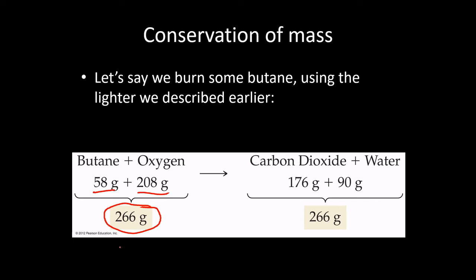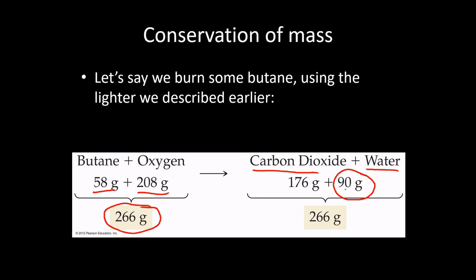If then we measure the amount of stuff that is produced, let's say, for example, we captured the water, maybe. So we had this reaction happening, and somehow we captured the water, and so we know that we produced 90 grams of water. And we know that these are the only two things that the reaction produces.